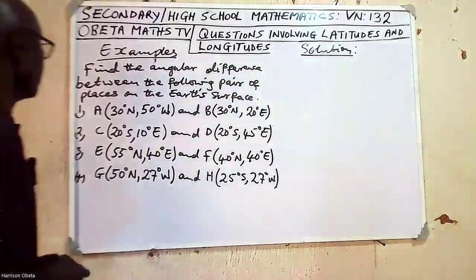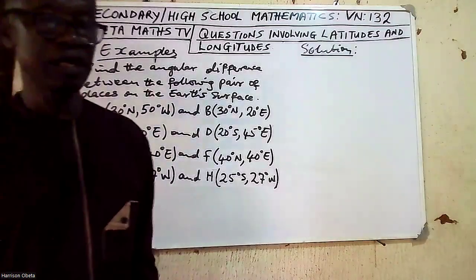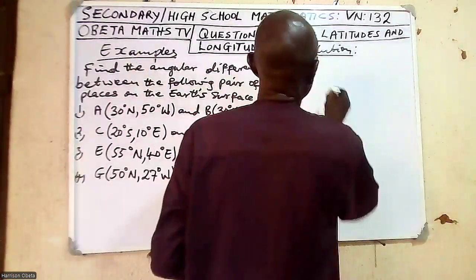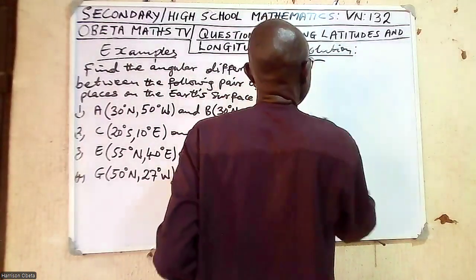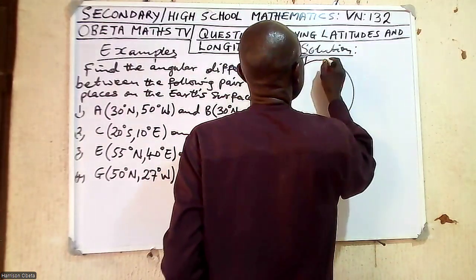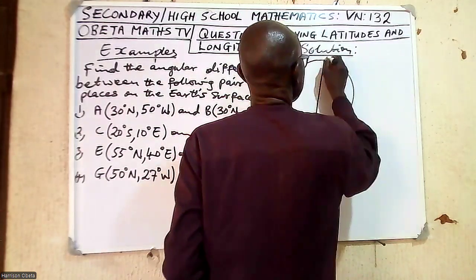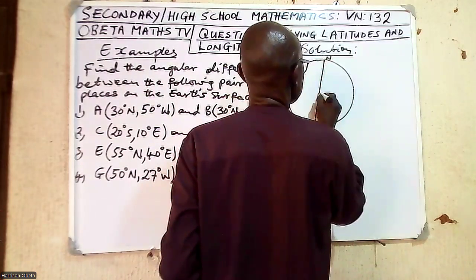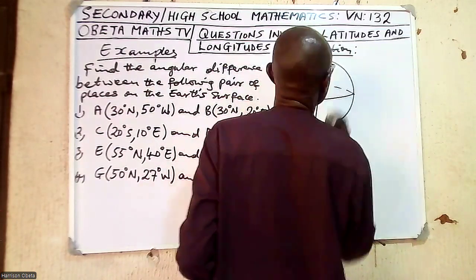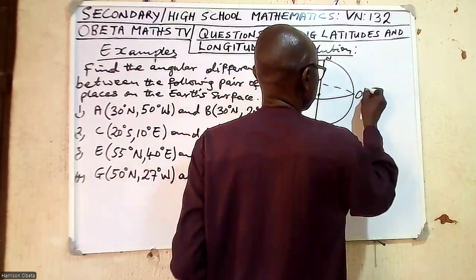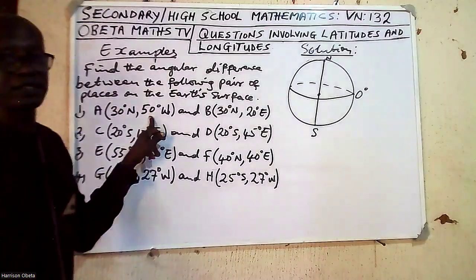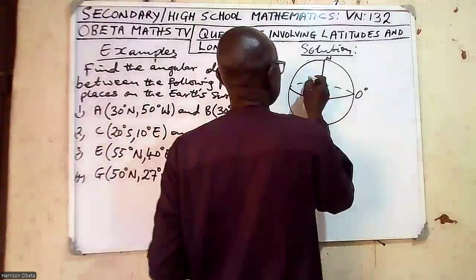Now to locate the first one, we have to draw north and south, equator, and then this is our latitude 0. So this one says 30 degrees north, 50 degrees west.